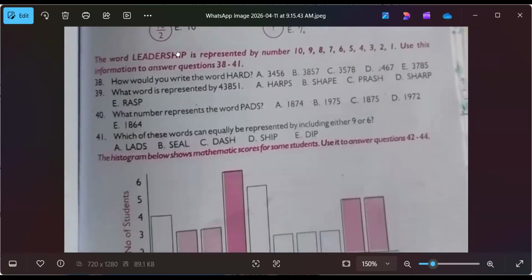Now this next one looks like verbal reasoning, right? The word leadership is represented by numbers 10, 9, 8, 7, 6, 5, 4, 3, 2, 1. I'm sure you guys know how to do this one. It's quite easy, isn't it? Yes, sir.